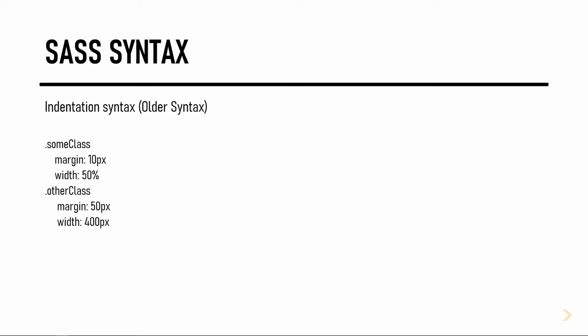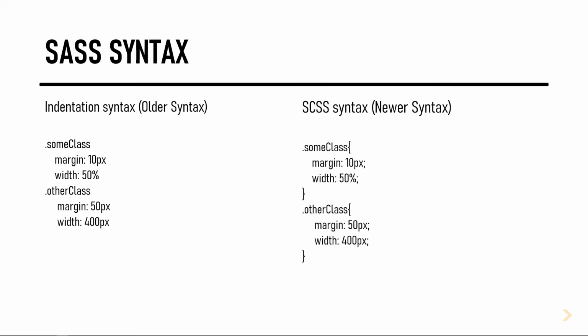And one of the most widely used Sass syntaxes is called SCSS, where a block of code is enclosed between curly braces, and you can see that the syntax is almost similar to CSS. Even the style attributes end with a semicolon.